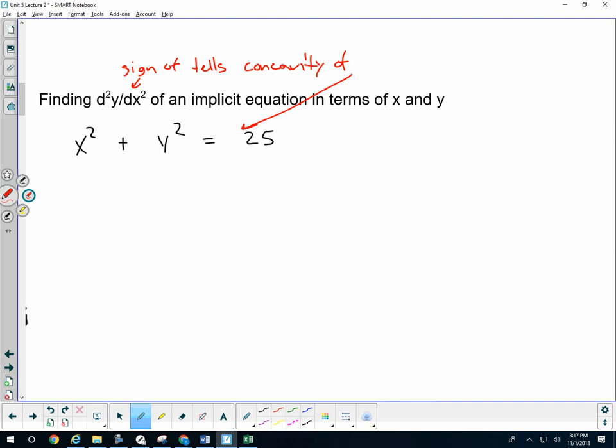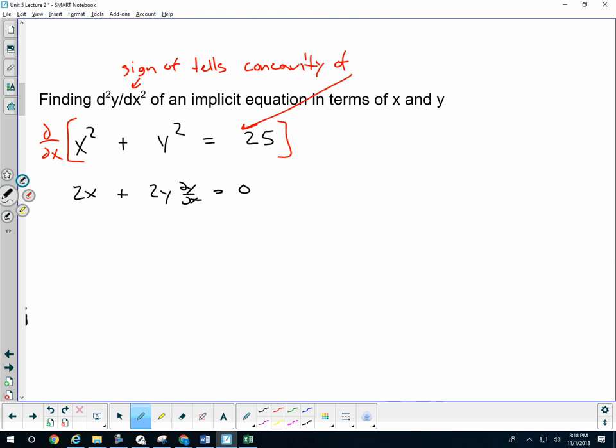All right, well, how are we going to take the second derivative of this? Just like we take the second derivative of a normal function. We would take the derivative twice. However, I have some recommendations. So we're going to take the derivative the first time. Okay?